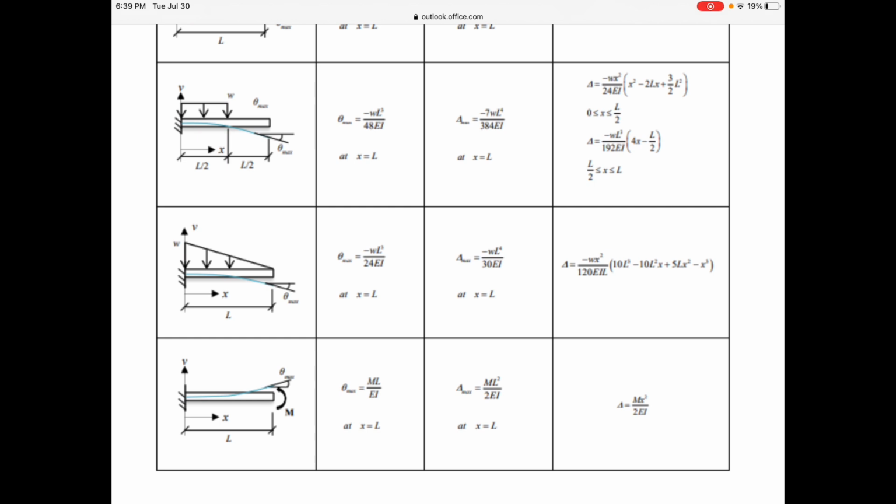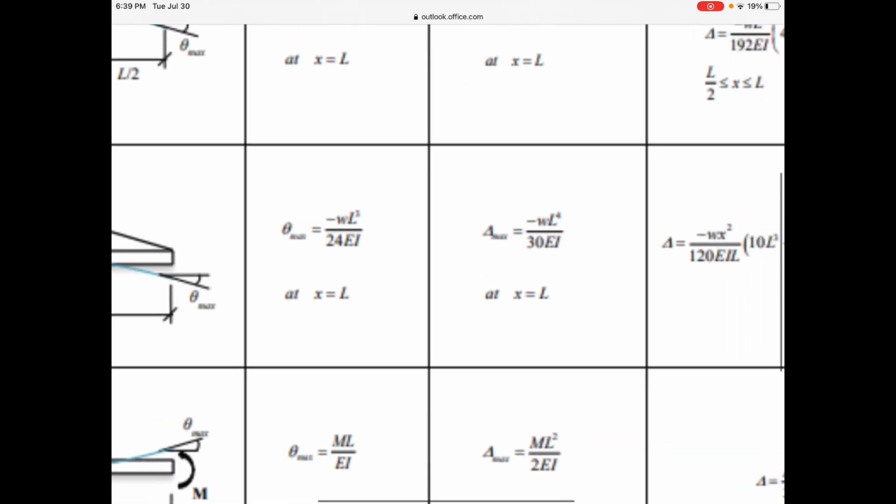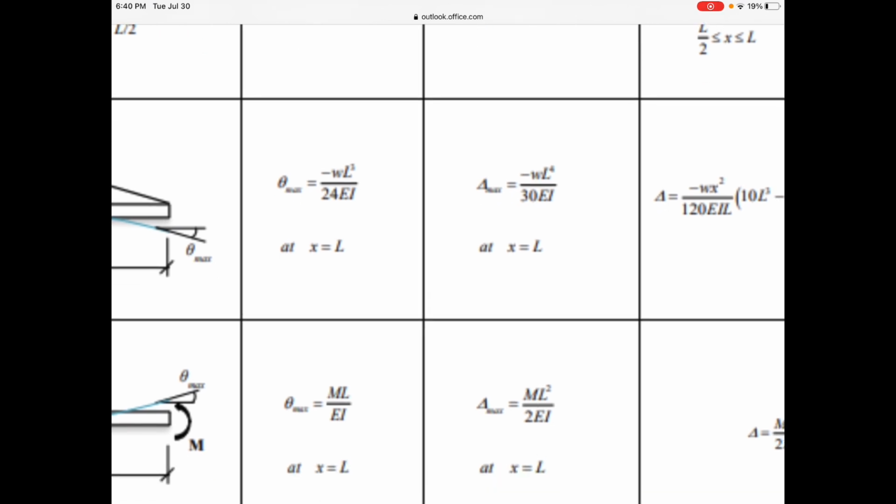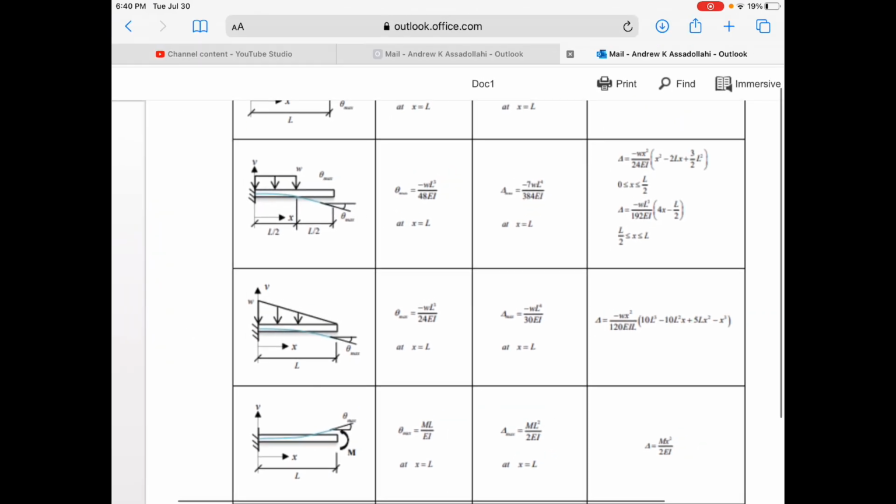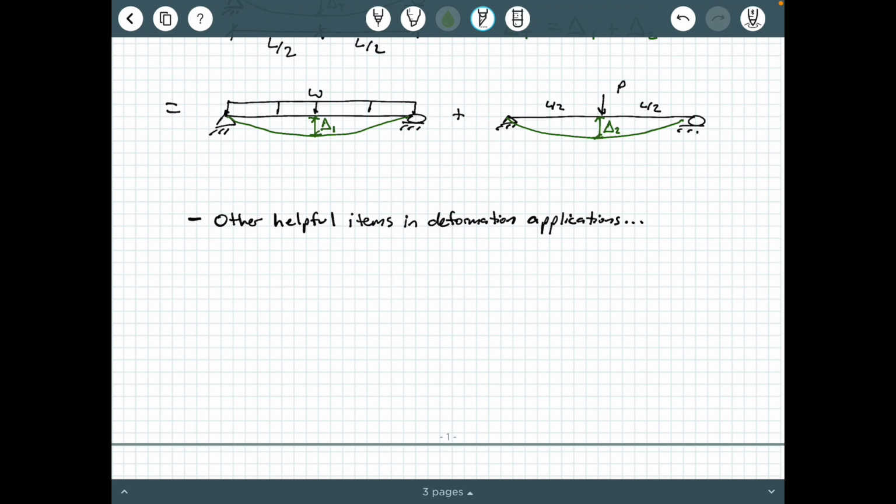If you notice, all of these formulas, as well as what you saw with the double integration method, have a section property of I somewhere in them, usually in the denominator of the formula. I is moment of inertia, okay? So where can we get moment of inertia from?